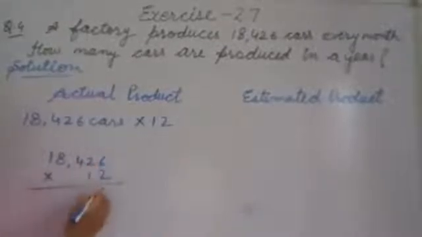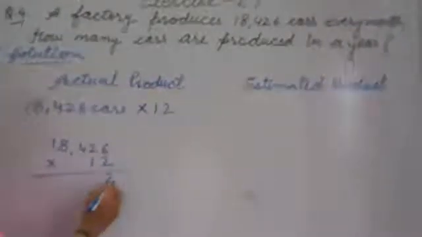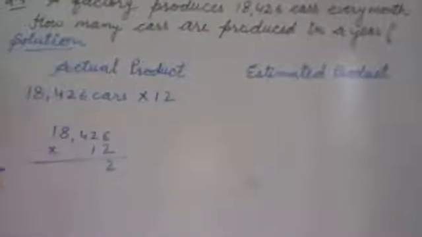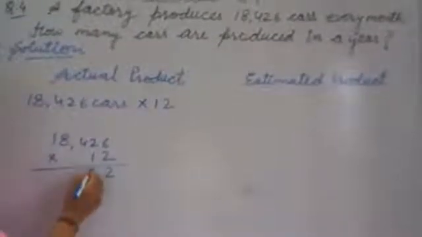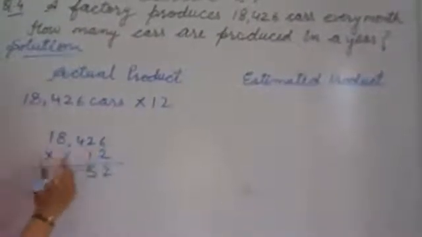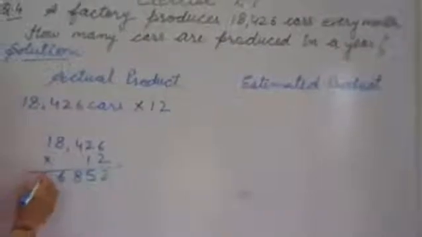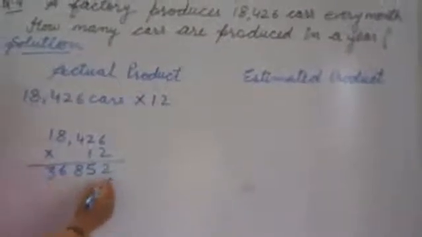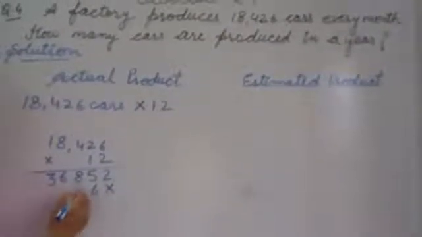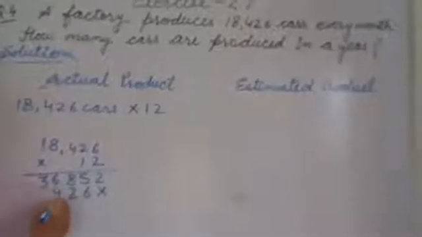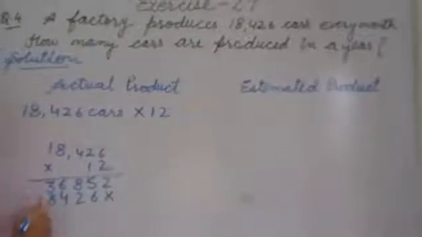Now 2 6s are 12. 1 carry. 2 2s are 4, 4 and 1 is 5. 2 4s are 8. 2 8s are 16, 1 carry. 2 1s are 2 and 1 is 3. Now close the ones column. 1 6 is 6. 1 2 is 2. 1 4 is 4. 1 8 is 8. 1 1 is 1.